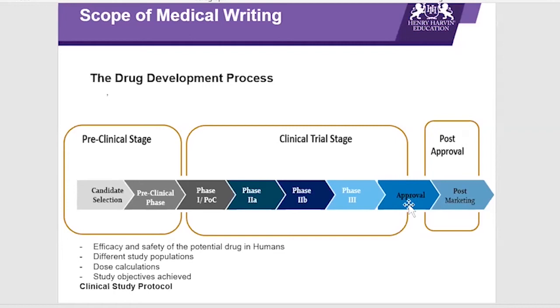After giving licensure, it doesn't mean my responsibility as a sponsor or as a company is over. I still have to monitor my drug when it is in the market to ensure that the benefits my drug is providing outweigh the risks.